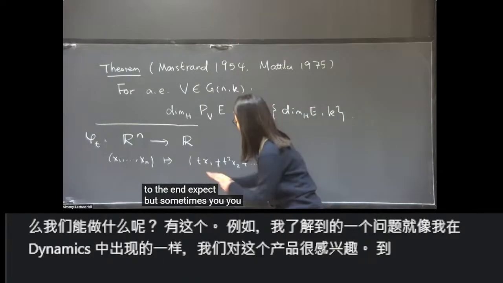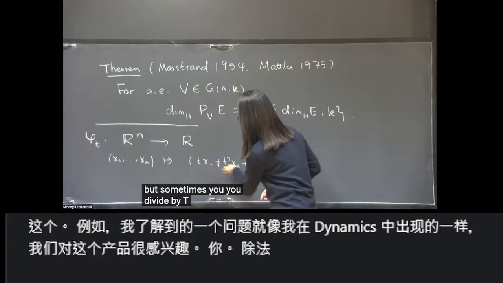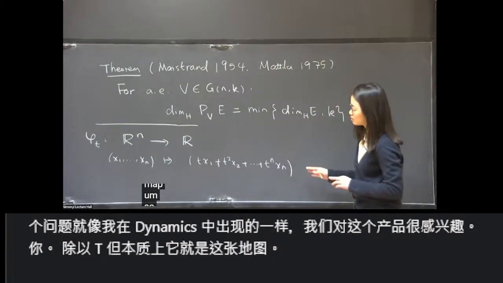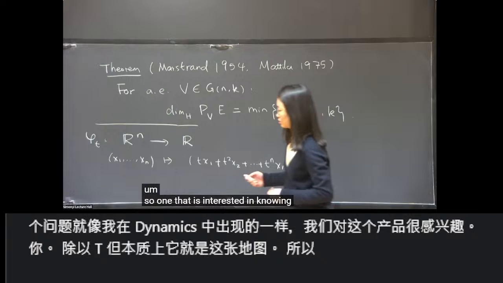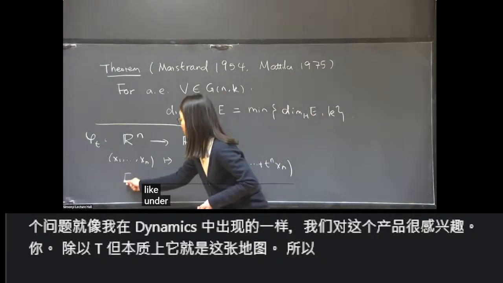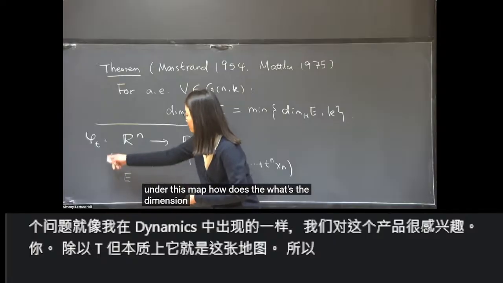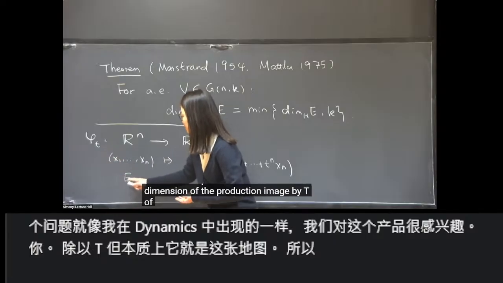Sometimes you divide by t, but essentially it's this map. One is interested in knowing, under this map, what is the dimension of the projection image by the map of E?